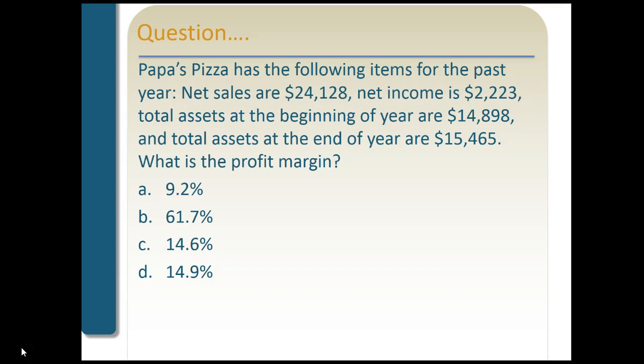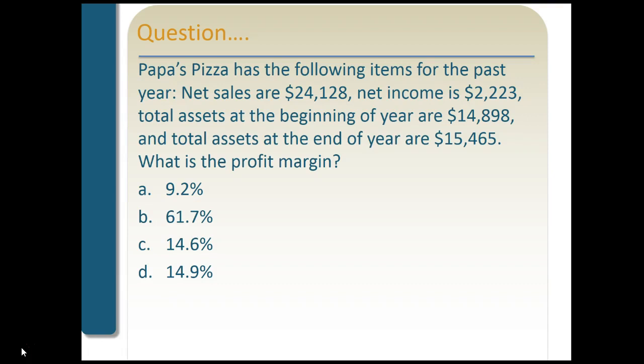Here's a question for you. Papa's Pizza has the following items for the past year. Net sales are $24,128. Net income, $2,223. Total assets at the beginning of the year are $14,898, and total assets at the end of the year are $15,465.